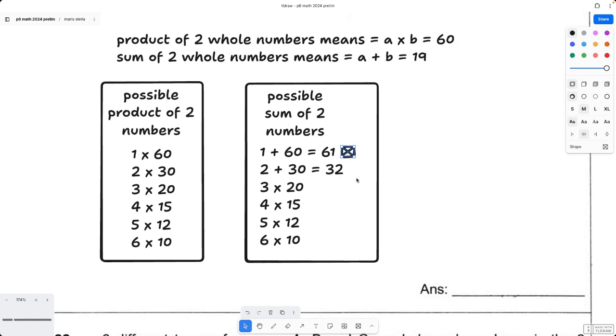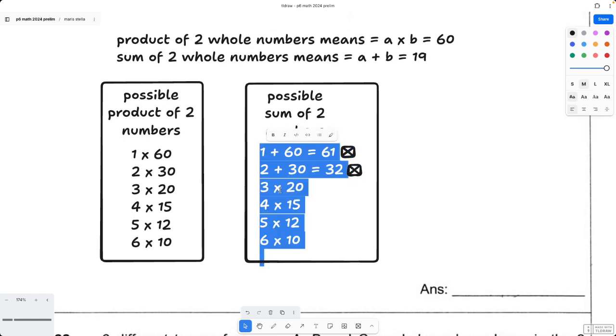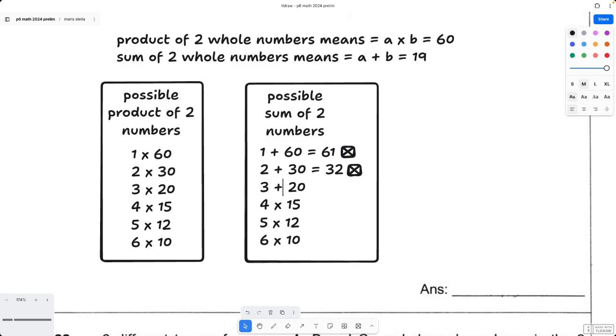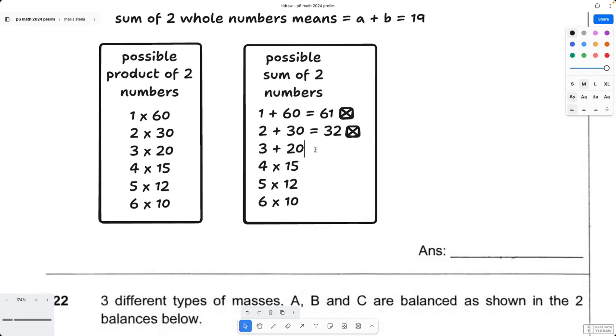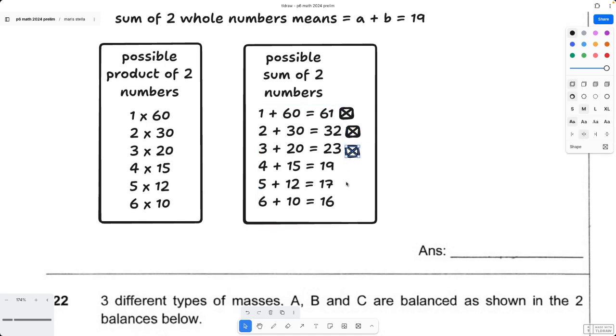What about 3 plus 20? That is 23, which is also wrong. 4 plus 15 is equal to 19. We got the answer. Let's do the rest as well: this is 17, and this is 16. So everything is wrong except for 4 plus 15. So this is correct.